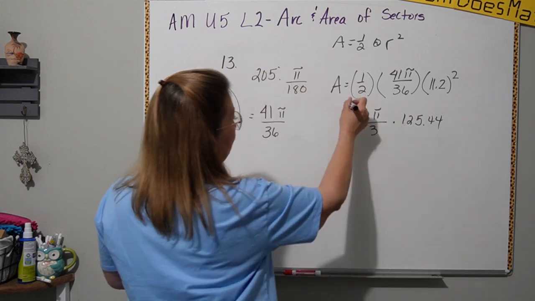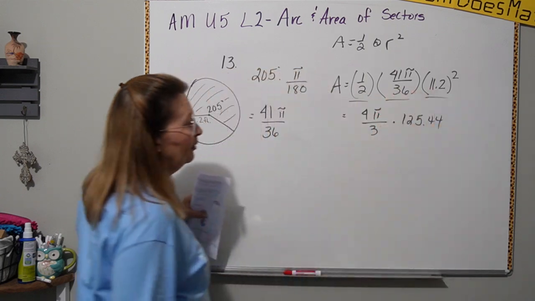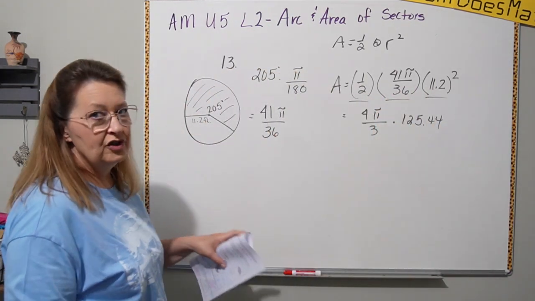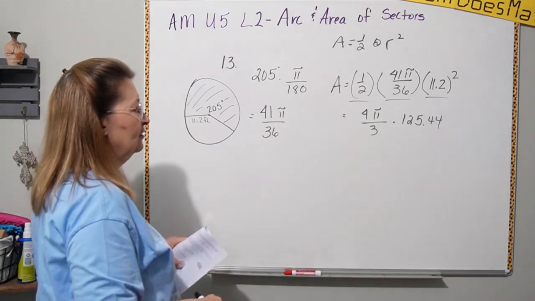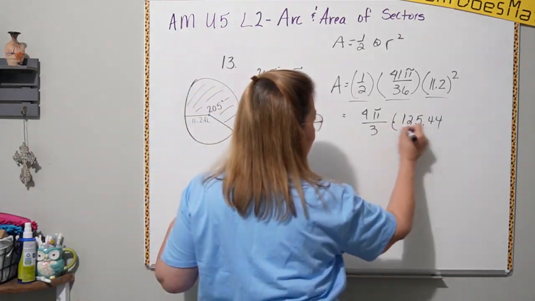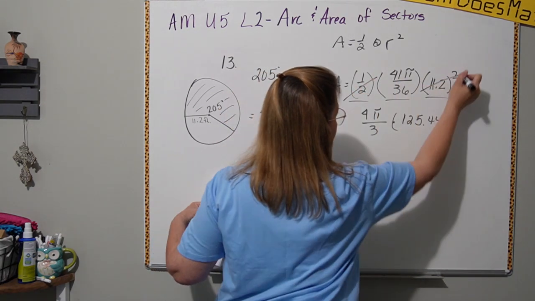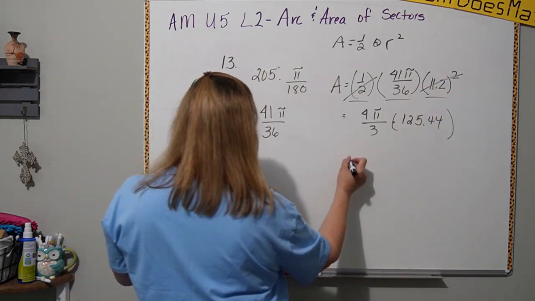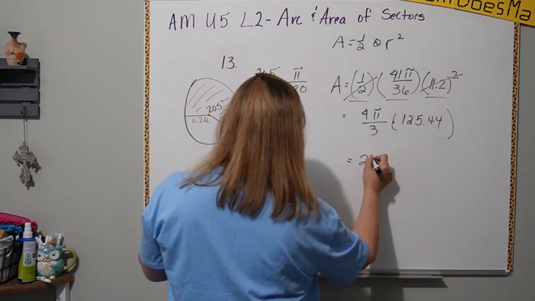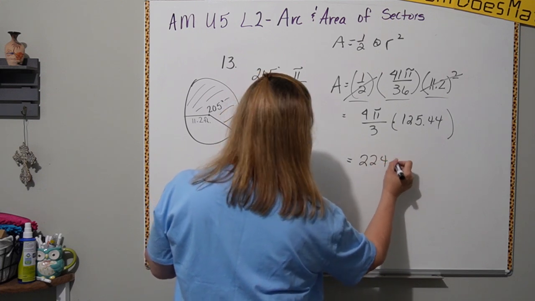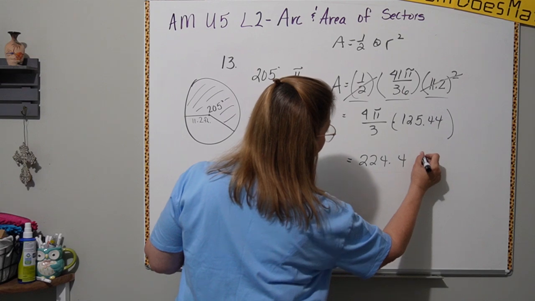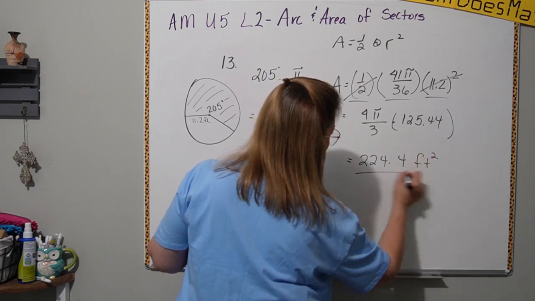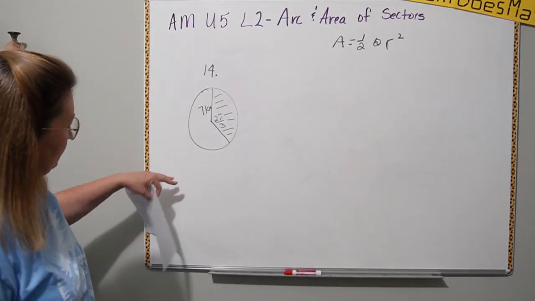It doesn't matter. Remember, when you've got three things multiplied together, it doesn't matter which two you do first. So do the two you want to. In this case, I just thought it'd be easier to make this a number, so it took care of those two. Then once again, putting that into the calculator and simplifying will give you 224.4 feet squared.